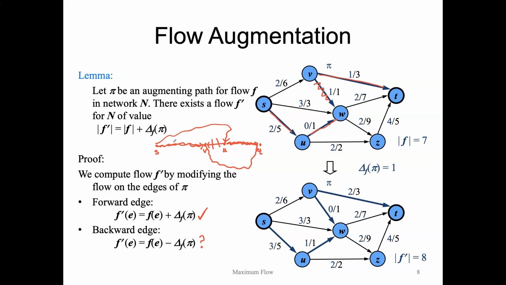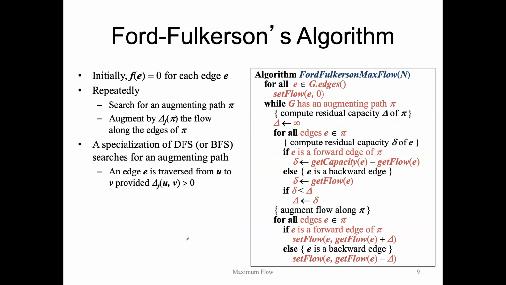Alright, so Ford-Fulkerson's algorithm is an approach to finding a maximum flow in a graph exactly by finding these augmenting paths, and as long as we still have one, it'll increase the flow along that path exactly in this way, by increasing by the residual capacity for forward edges and decreasing by the residual capacity for back edges. So this is Ford-Fulkerson's algorithm. Given a network, we'll initially set a flow value of 0 to all edges, and then it will repeatedly look for an augmenting path.